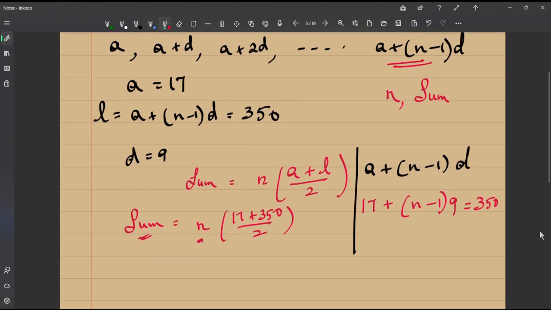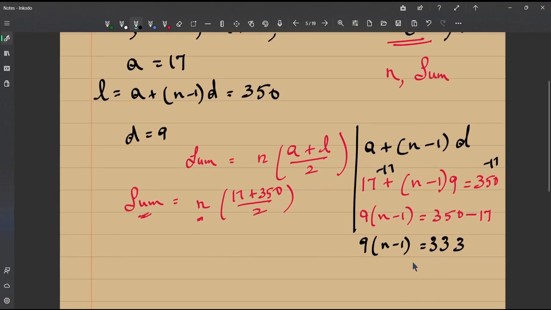So let us simplify this. 9 into n minus 1 is equal to 350 minus 17. I'm just subtracting 17 from both sides of the equation. So 9 into n minus 1 is equal to 333.